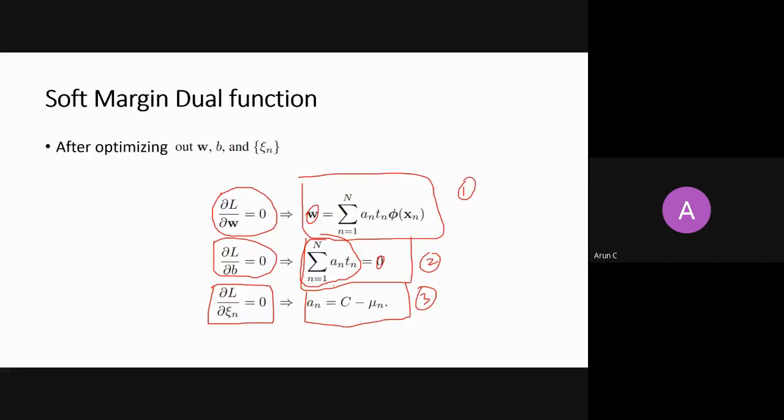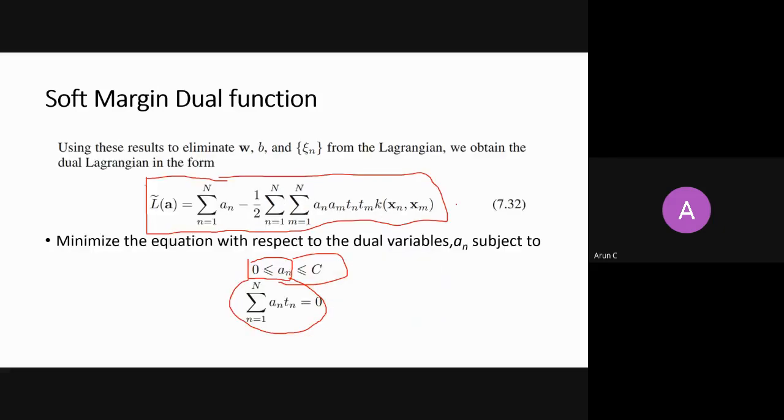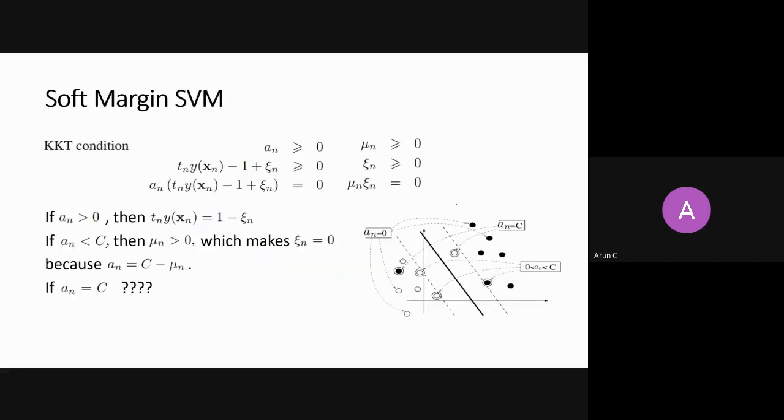It came from the third constraint. Because mu_n is also a Lagrangian multiplier, and a_n is also a Lagrangian multiplier, both should be greater than or equal to 0. So a_n should always be less than or equal to C. So it comes from here. Fine, so these are the constraints.